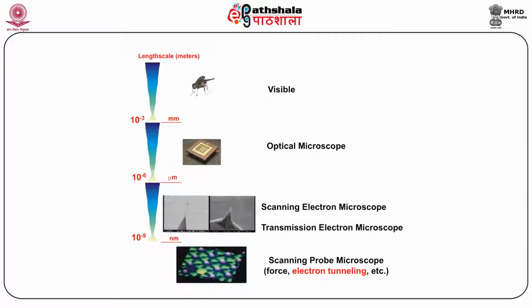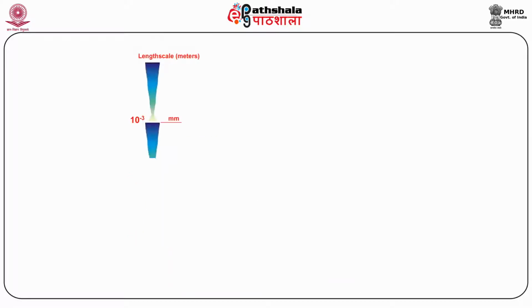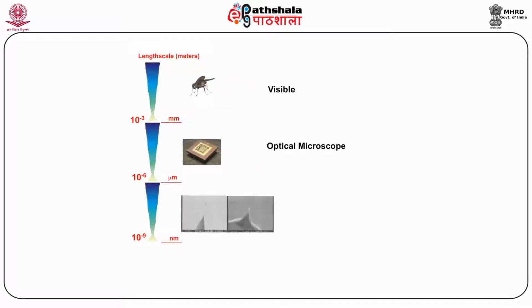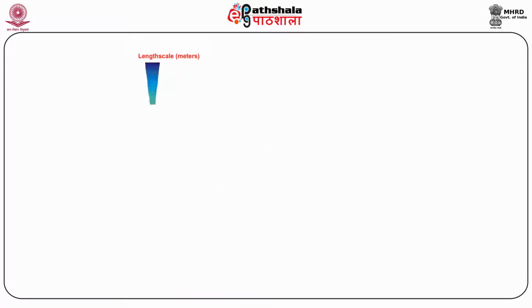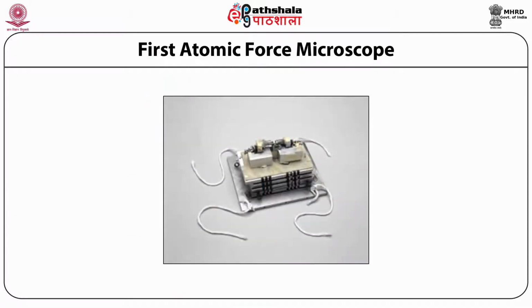But when we go to 10 to the power minus 6 meters, we require an optical microscope. And at 10 to the power minus 9 meters, we need a scanning electron microscope or transmission electron microscope. And below this, we require a scanning probe microscope. This is a force which does the electron tunneling, etc. A diagram of the first atomic force microscope.